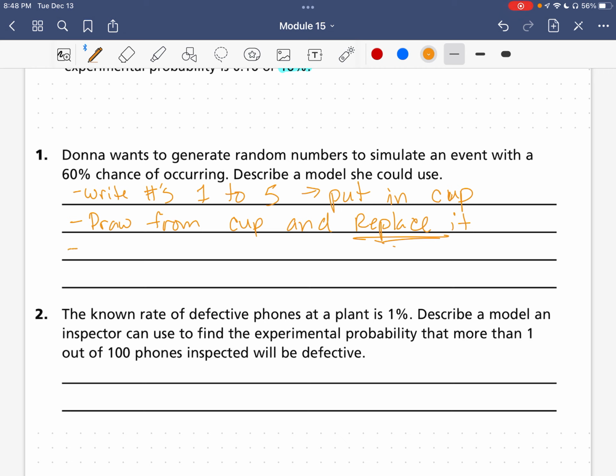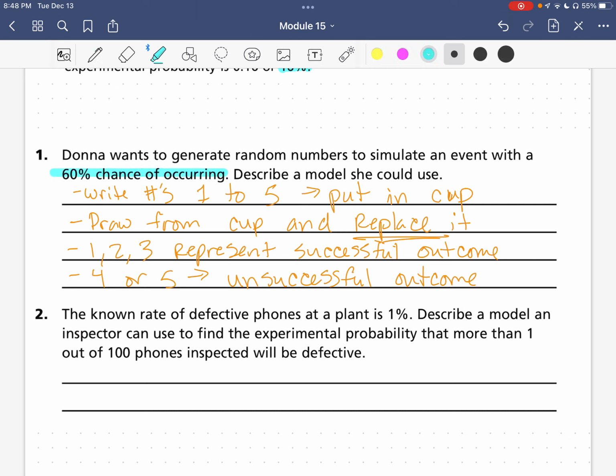And then again, a 1, 2, or 3 would represent a successful outcome, and 4 or 5 would represent an unsuccessful outcome. All right, again, we're trying to get that 60% chance of it occurring.